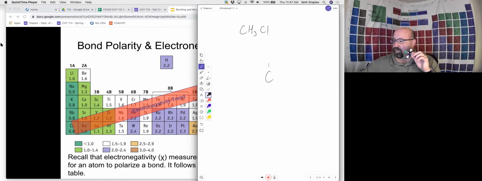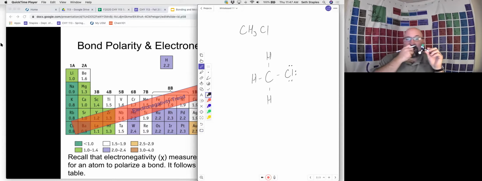So we would have carbon, hydrogen, hydrogen, hydrogen, chlorine. Now again, this is also a good illustration of the fact that our Lewis structures do not represent the actual three-dimensional shape.